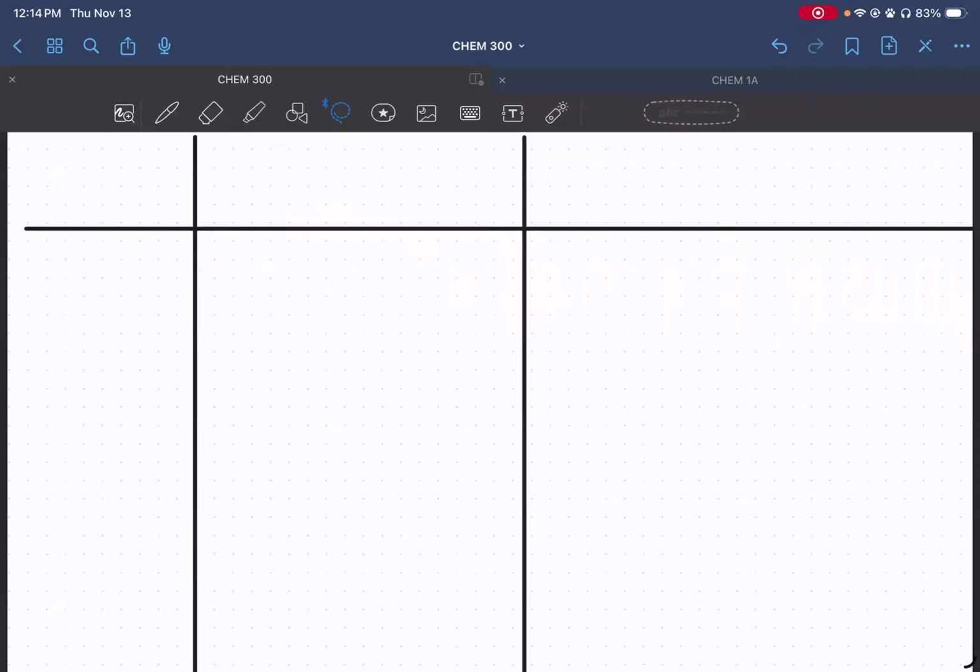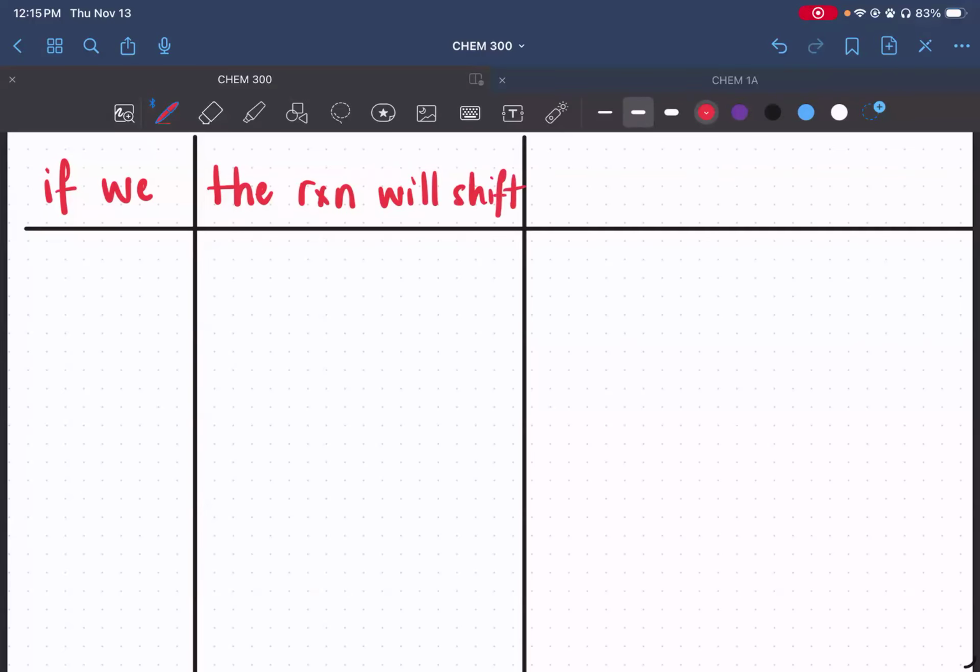The column headings are as follows. If the... reaction will shift... And finally, because the system... Strange title for column headings, but you'll see the vision in a bit.